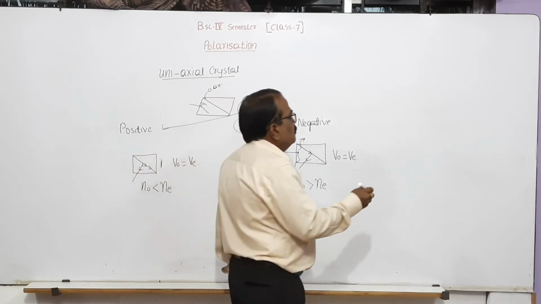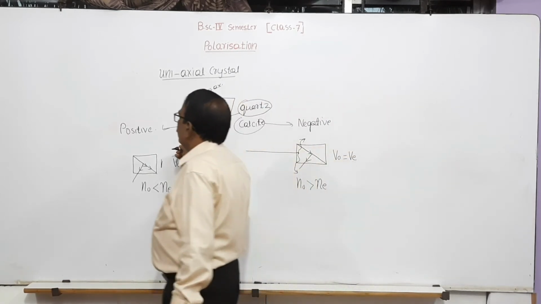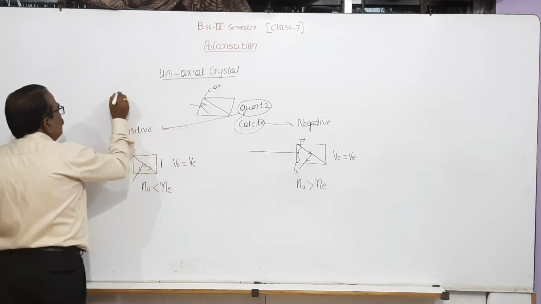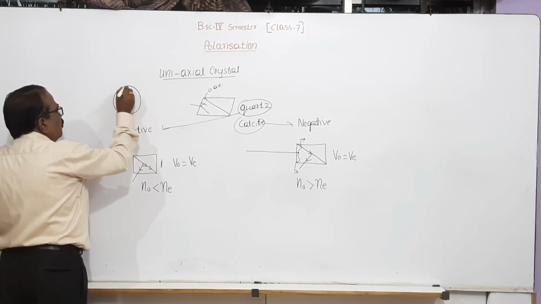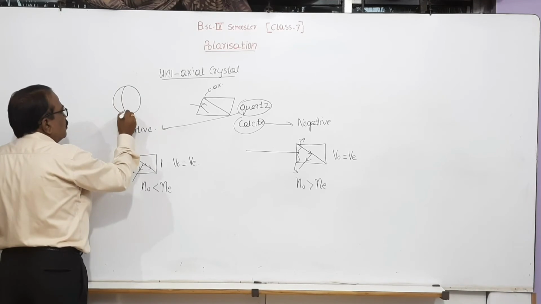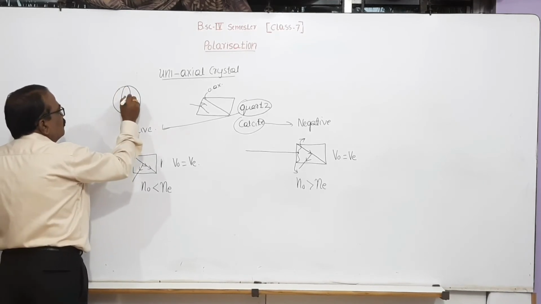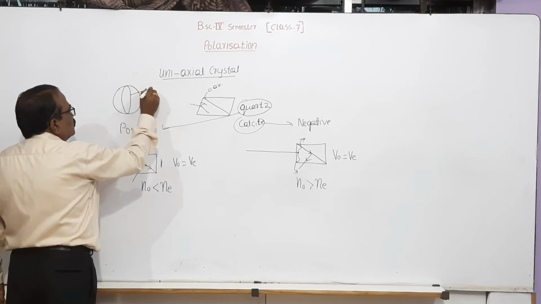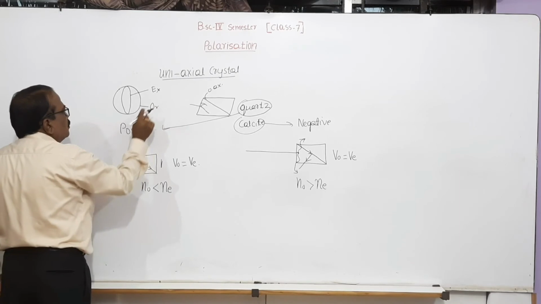In the case of a positive crystal, the wavefront of the ordinary ray lies outside the wavefront of the extraordinary ray. This is the extraordinary ray and this is the ordinary.